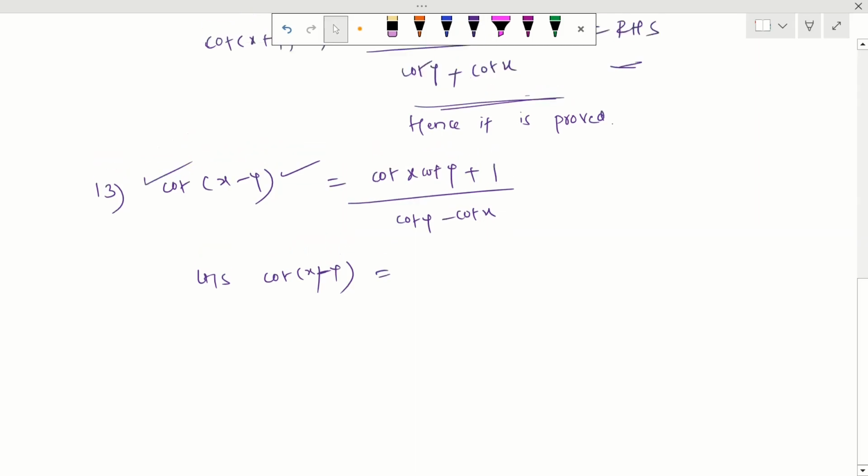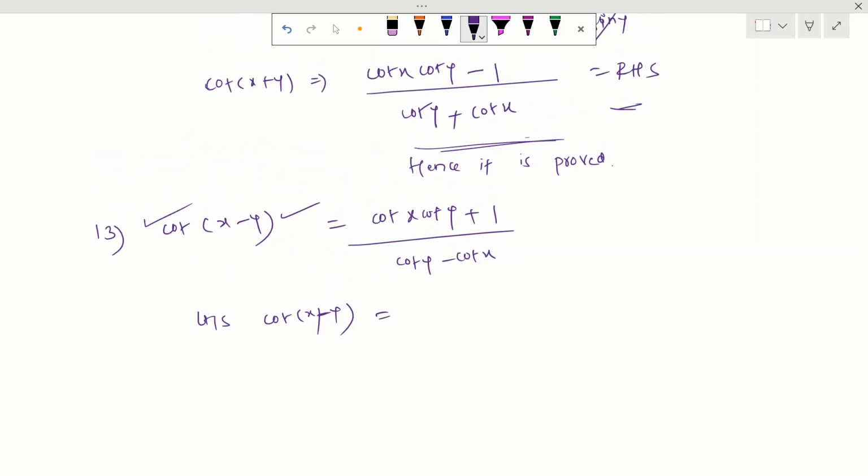What is the previous expression? The previous expression I am writing here.